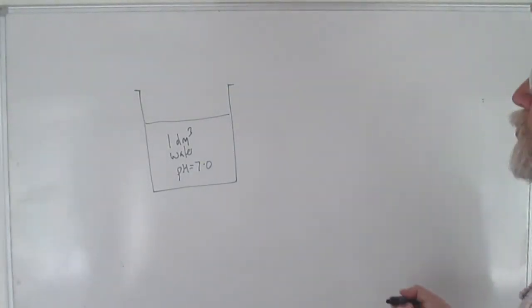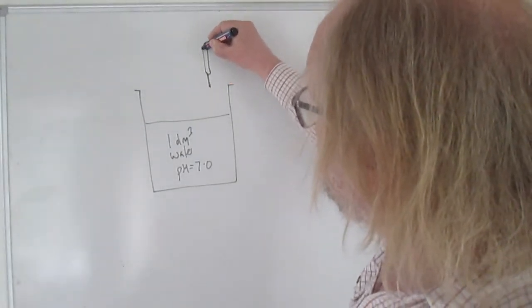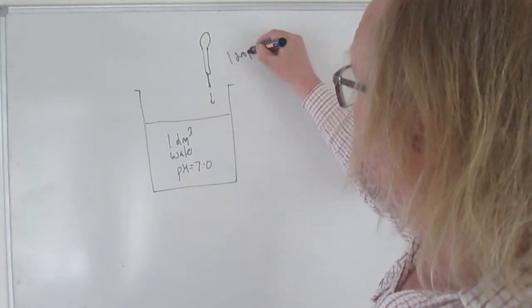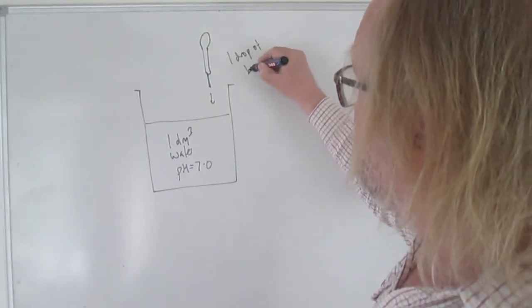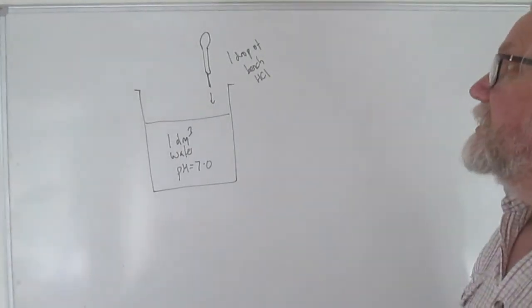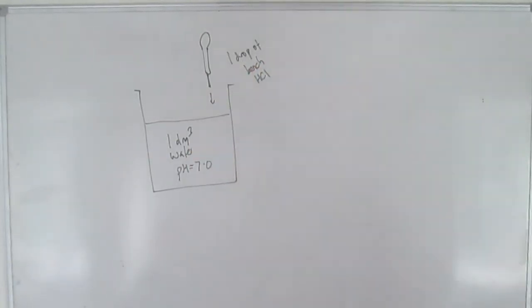And let's say we had 1 drop of bench hydrochloric acid into there. So you might think, well, 1 drop of acid going into a whole beaker full of water like that can't make that much difference. But let's just do a calculation and see how much the pH will change.